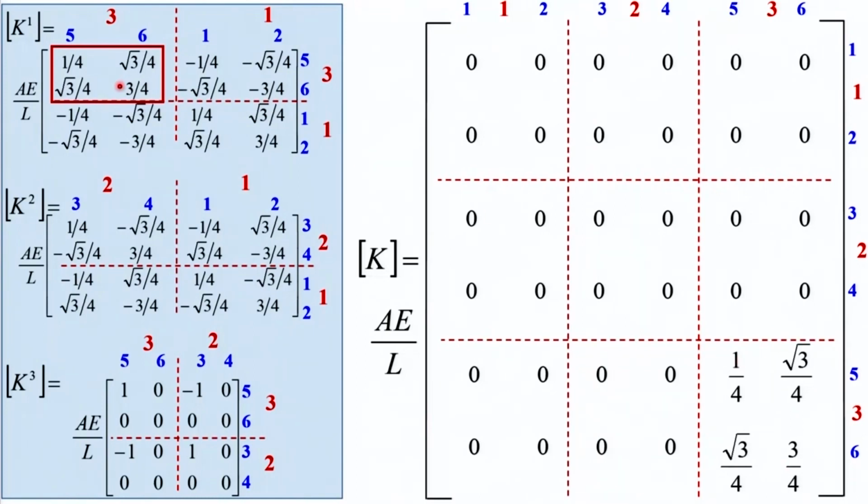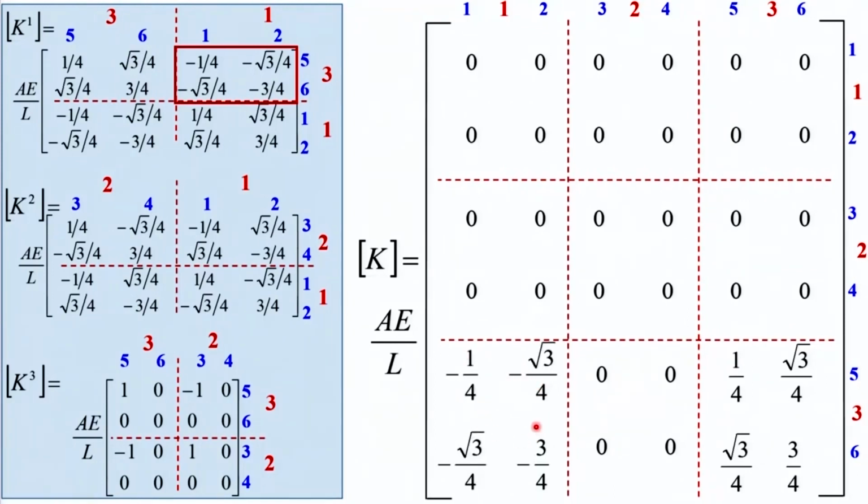Based on this information, we populate the stiffness matrix. Now we go to the next block. The next block is between 1 and 3, with 1 in the column and 3 in the row. So these are the information that need to be put here, and we put this information here.